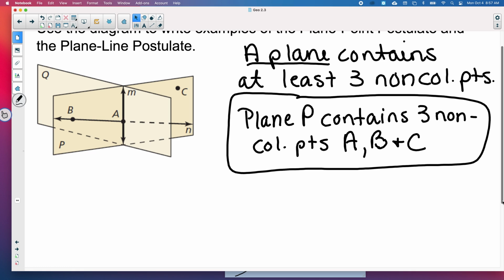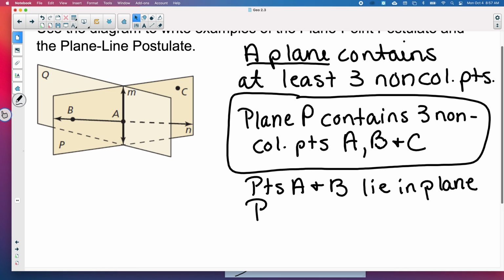A and B. So instead of saying it in general, you could say points A and B lie in plane P. What line contains A and B? N. So then you would say line N lies in plane P.